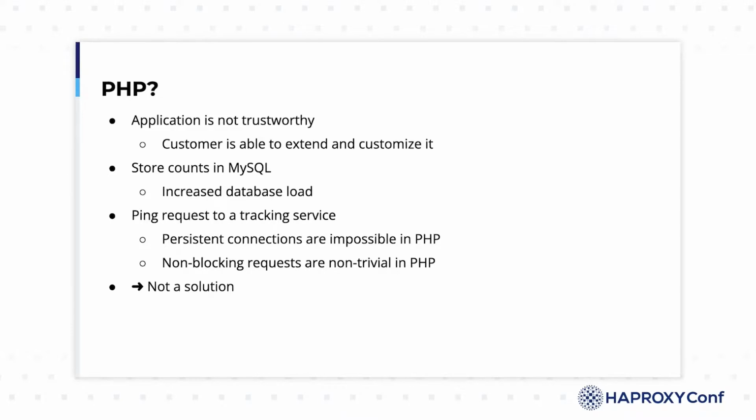However, performing external requests in PHP without blocking regular processing is hard. PHP's shared nothing model prevents the use of persistent connections, thus requiring TLS handshakes for every request. Performing non-blocking async requests is not really trivial with PHP either. Conclusion: extending the PHP application is not a solution.